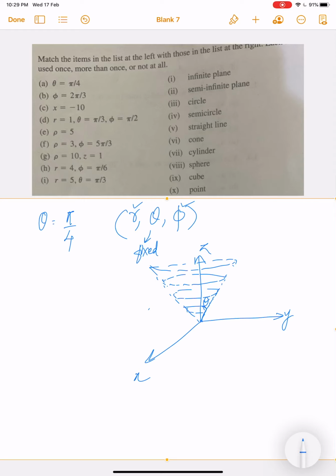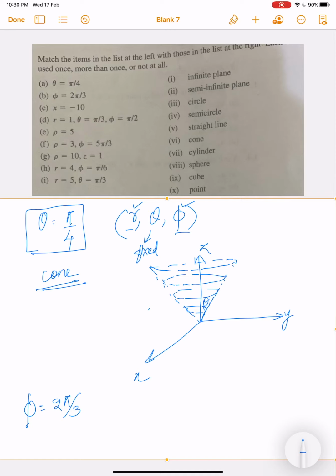And yes, there is a cone in the options. That means when my theta is fixed and r and phi are variable, the structure of a cone is formed. Clear?